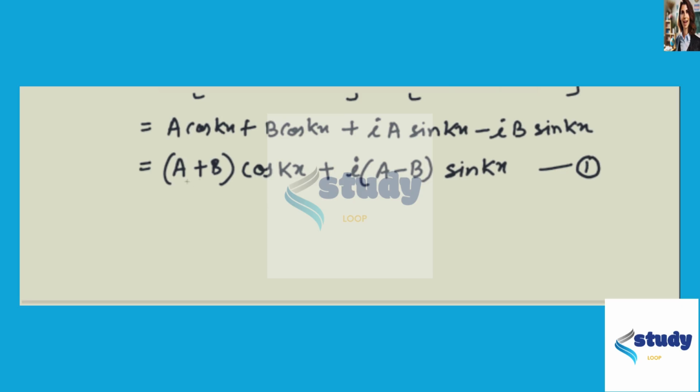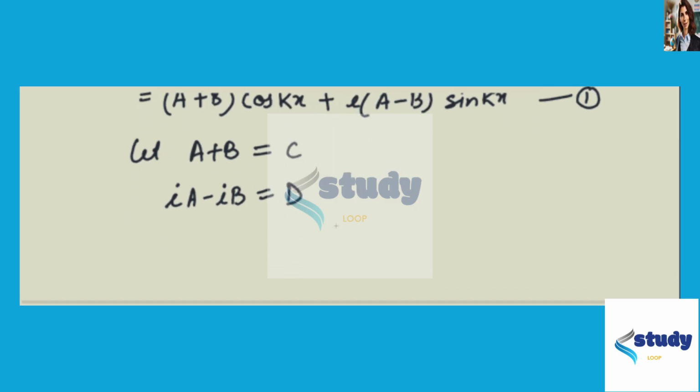If we assume that a plus b is equal to some constant c, and i(a minus b) is equal to another constant d, now we solve this by multiplying the first equation by i, that is ia plus ib is equal to ic.